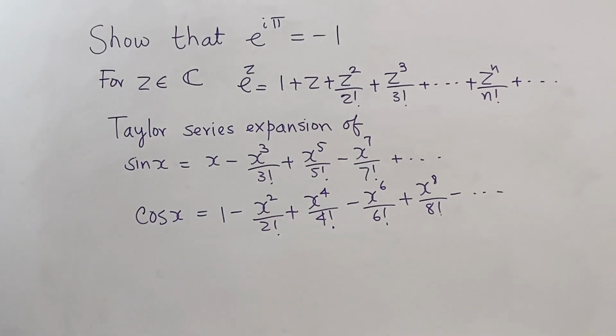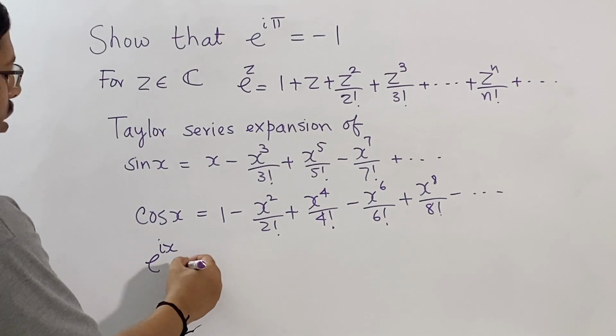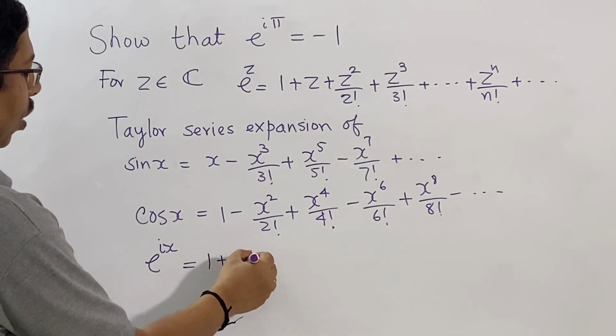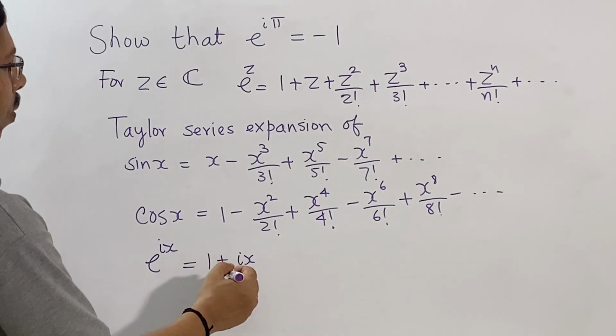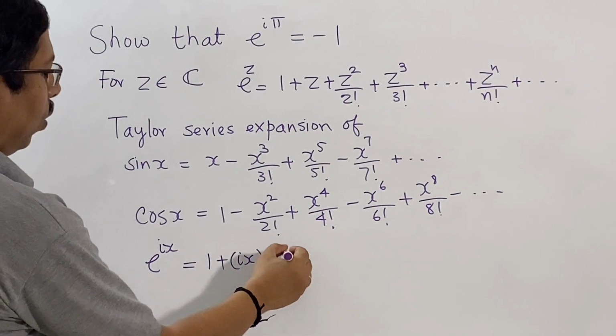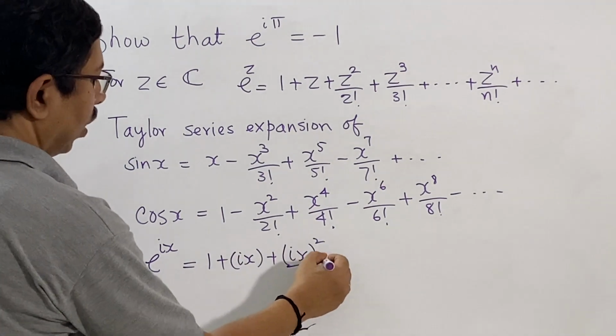So let us proceed. Let z be i x, where x is a real number. Then from the above definition of e to the power z, we get the following.